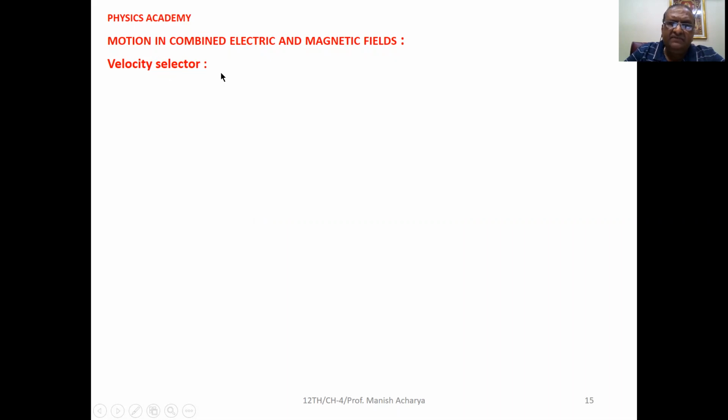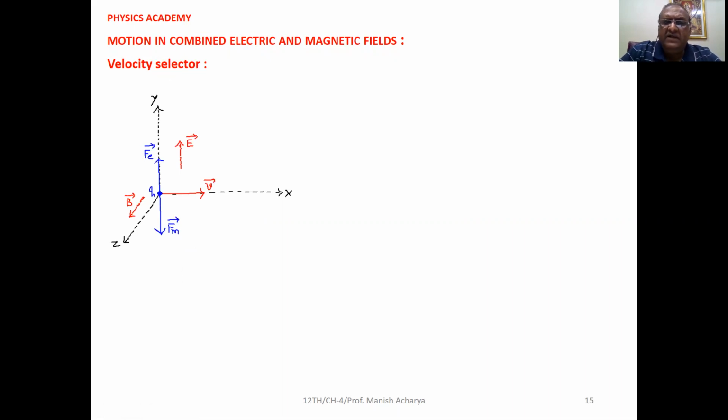Now the next topic, that is motion in combined electric and magnetic fields. Velocity selector. This is the special case. Now see here. Suppose we have the electric field and magnetic field, both perpendicular to each other, and a charged particle enters in both the fields perpendicular to both fields.